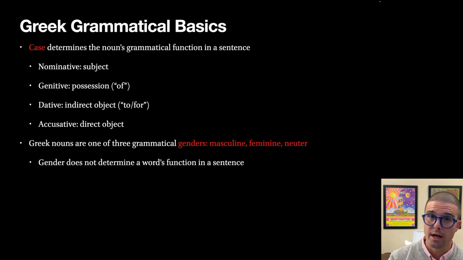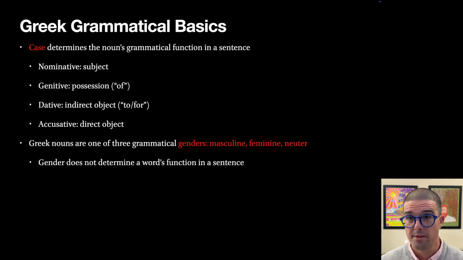It will also change, a Greek noun will also change to reflect what gender it is in. And there are three grammatical genders in Greek, and these are not directly equated with biological gender. That is to say, you could have something that we might consider male or even a male entity with a feminine or a neuter grammatical gender.